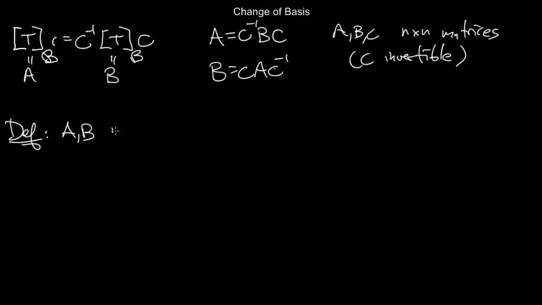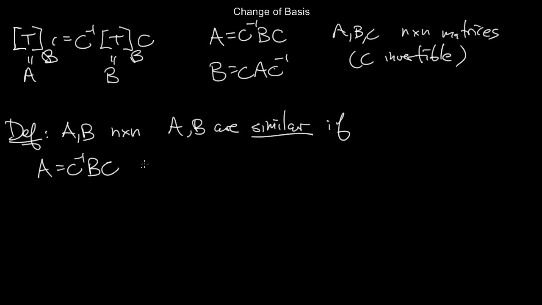So here's the definition. If you have two n by n matrices, you say A and B are similar if they're related like this. If A is equal to C inverse BC for some invertible matrix C. You have to make it up or find it or something, but some matrix C which makes this true.